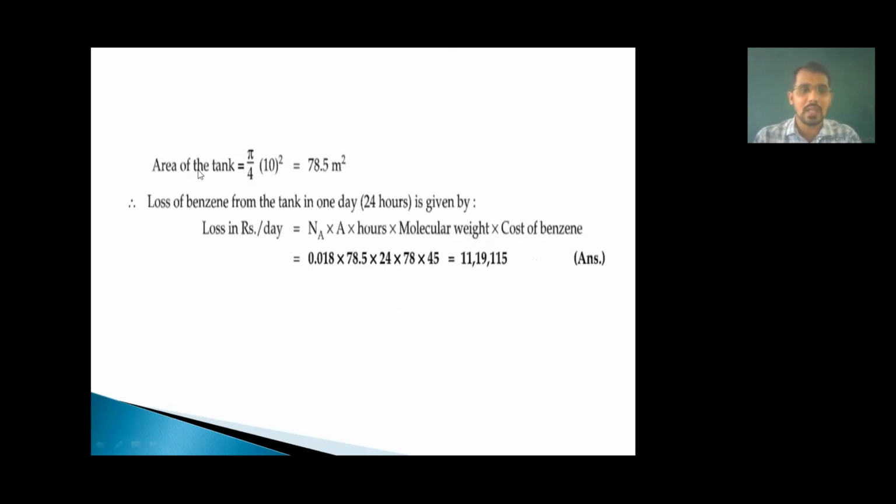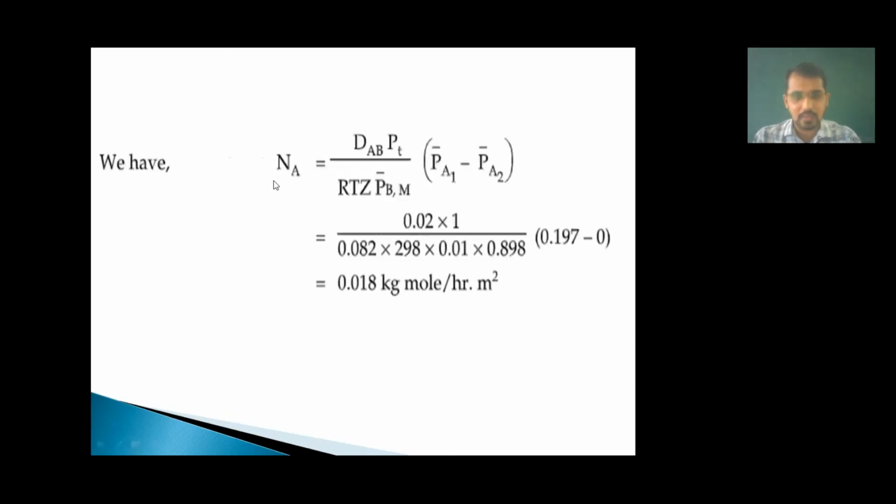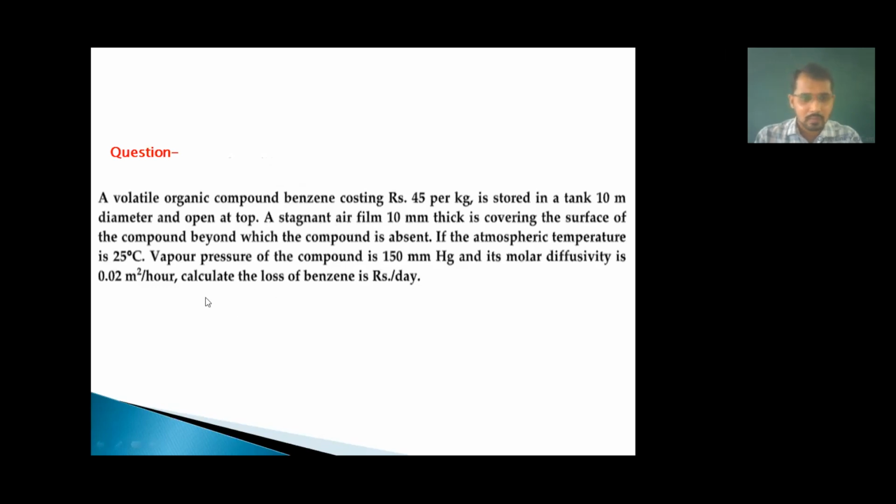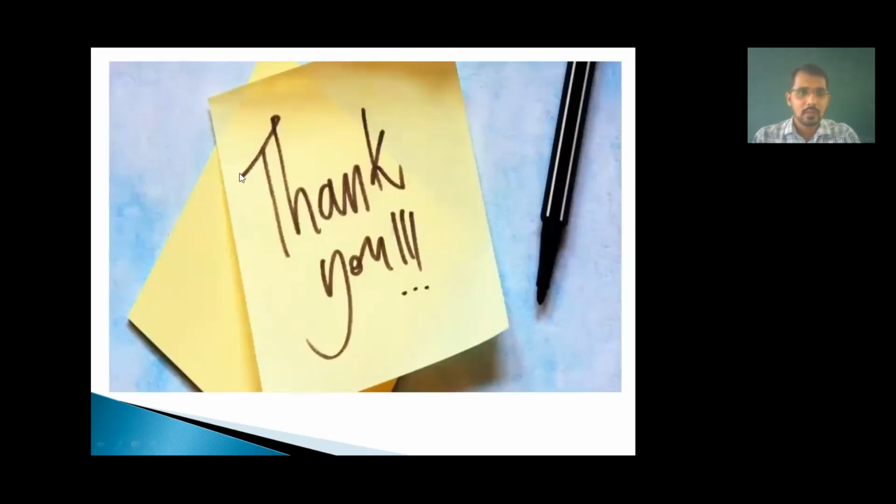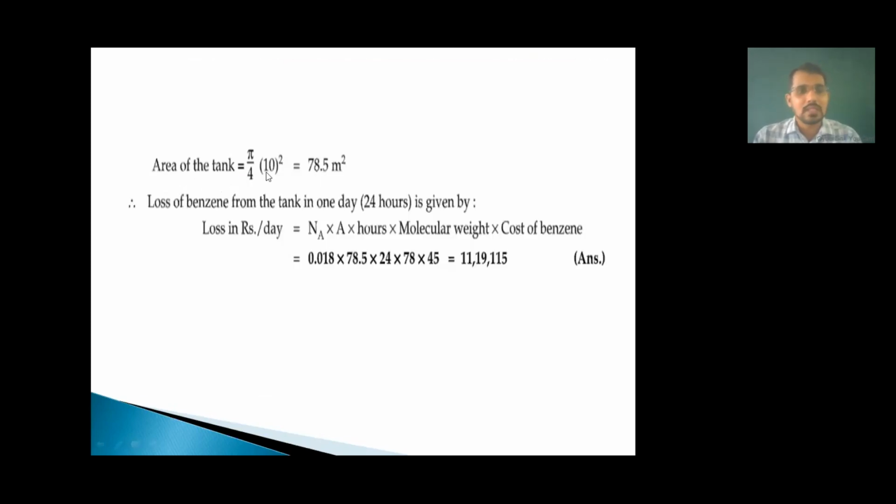You can see here the area of the tank is pi by 4 d square. The diameter is given, that is 10 meter. You can see in the question. Diameter is 10 meter. Okay. So just put here the area of the tank is equal to pi by 4 d square. You will get after calculation 78.5 meter square.